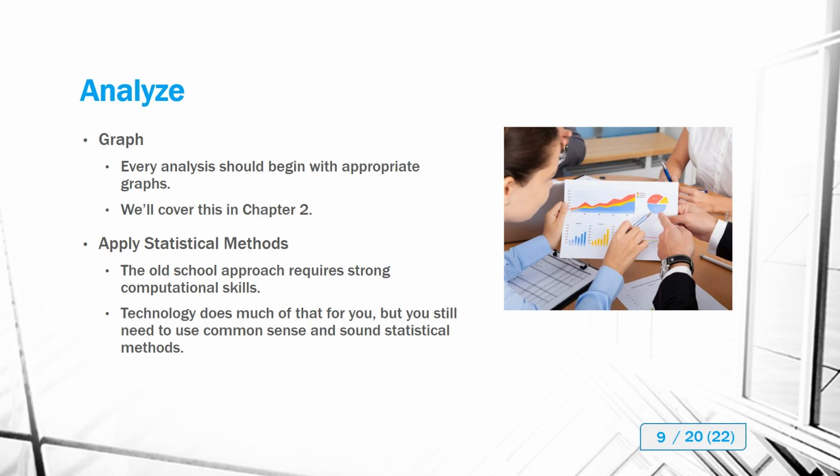Typically, making just the right graph is enough. And the more experience you get with this, the more skilled you get at figuring out, okay, this is the data set, this is where it came from, this is the purpose of the study, this is the type of graph I need to make. It just comes with experience.